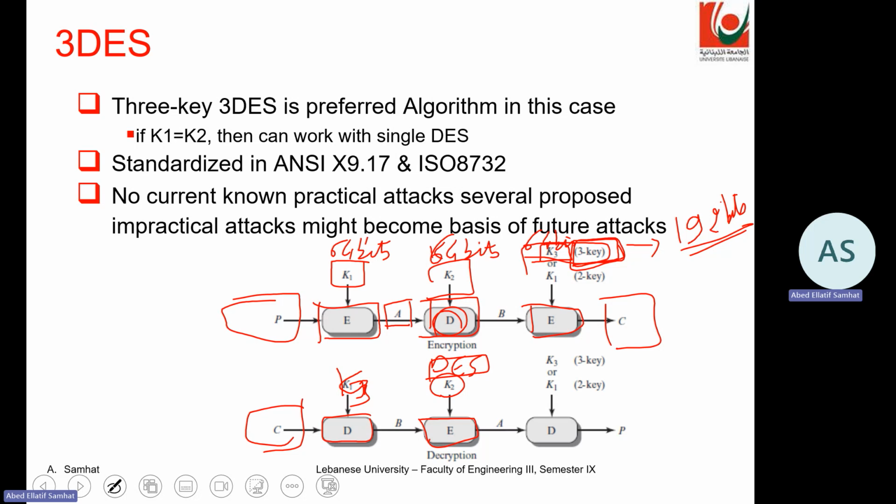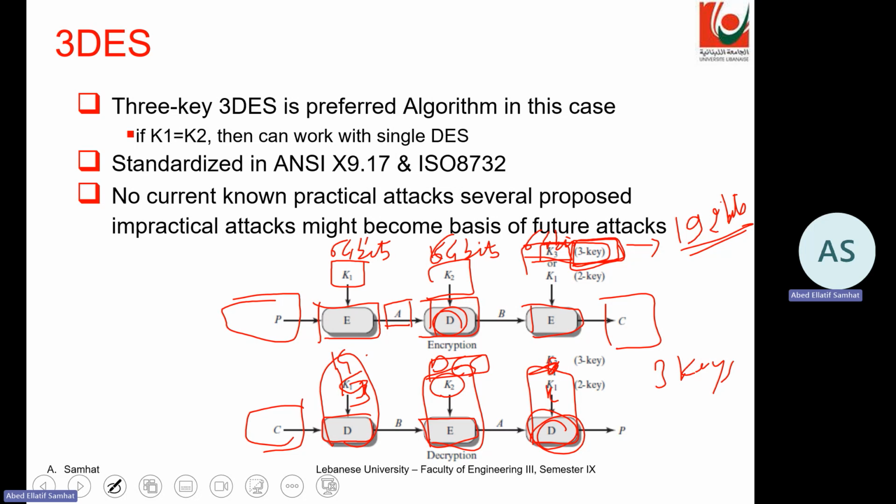And the third step will be decryption with K1. So this is the case when we have three keys. We apply decryption with key 3, then encryption with key 2, and then decryption with key 1.